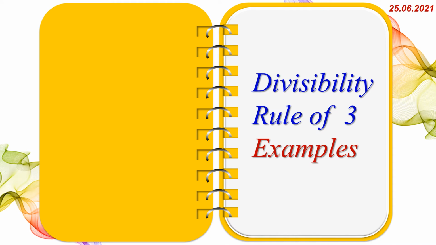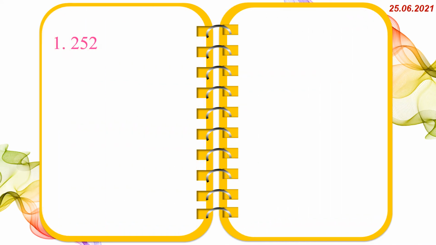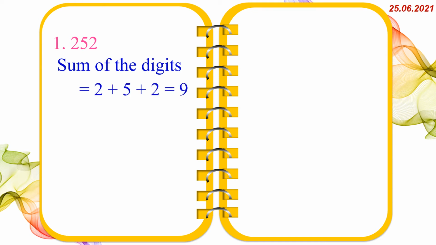let us see the examples. The given number is 252. First, add up all the digits of the number. That is, sum of the digits equals 2 plus 5 plus 2 equals 9. 9 is a multiple of 3.